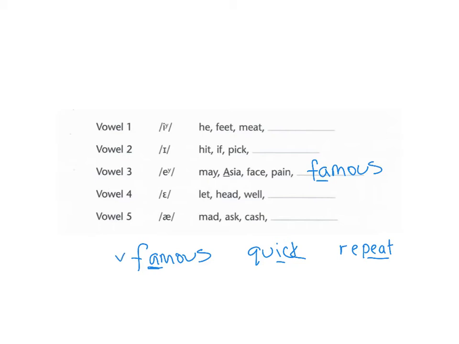All right, let's try the next one. Quick, quick. So we're looking at that I sound right here. Does that sound like vowel 1, E, vowel 2, I, vowel 3, A, vowel 4, or vowel 5, A?